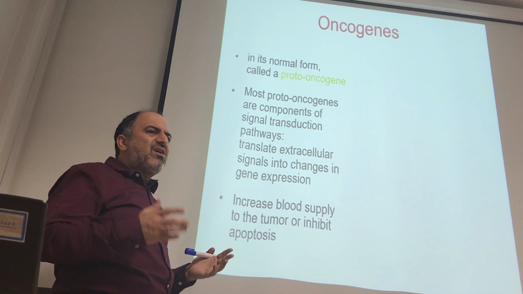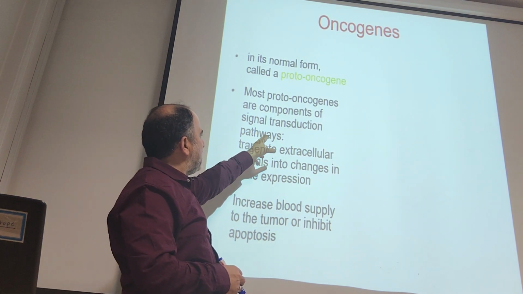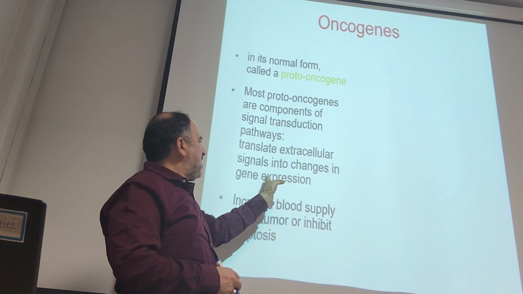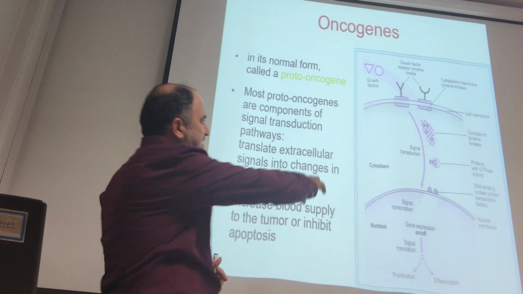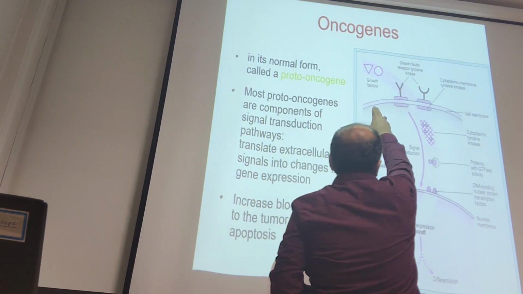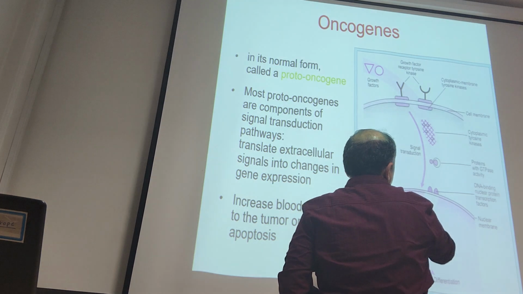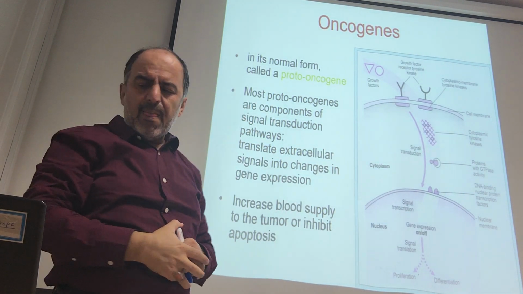Usually we have signal transduction in the proto-oncogenes. Signal transduction means translating an extracellular signal into a change in gene expression. We do have a cell. This is a signal from outside, for example, growth factor. We have a receptor. It comes to make some change in the nucleus.